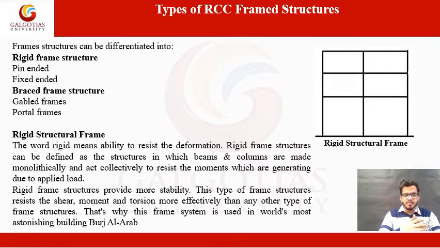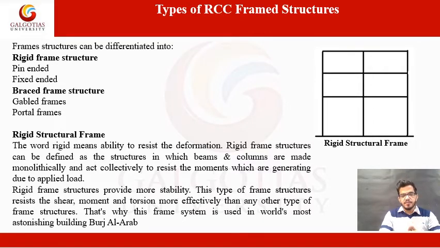In a rigid frame structure, as the word rigid means the ability to resist deformation, a rigid frame structure can be defined as a structure in which beams and columns are monolithically connected and act collectively to resist the moments generated due to the applied load, the different types of load on the structure.